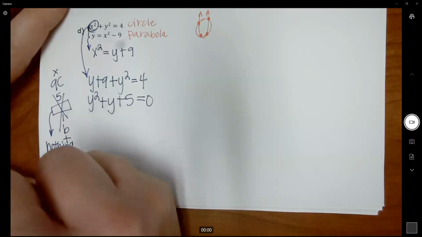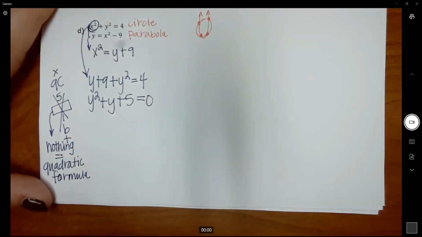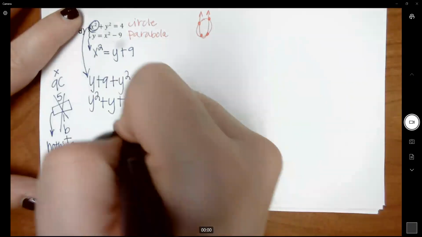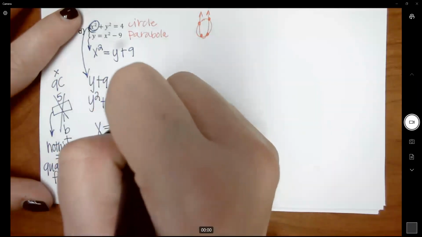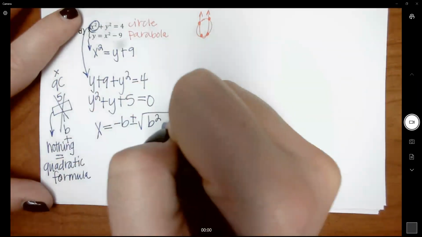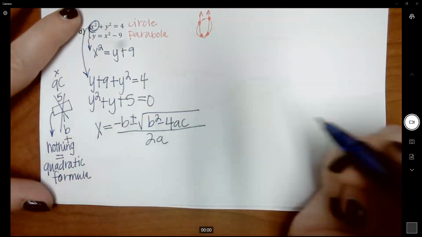Hopefully you guessed it, the quadratic formula. Yeah, we're not done with that. So my quadratic formula is negative b plus or minus the square root of b squared minus 4ac all over 2a.